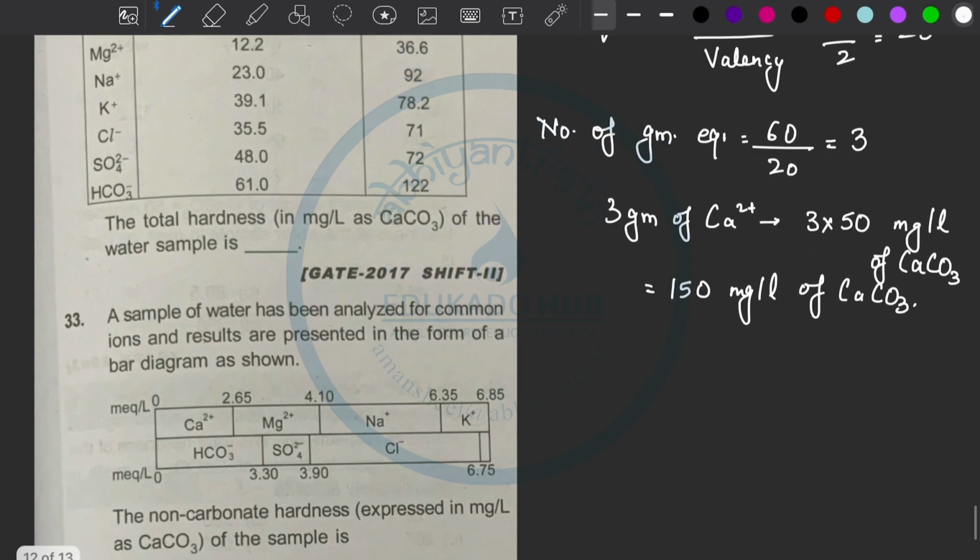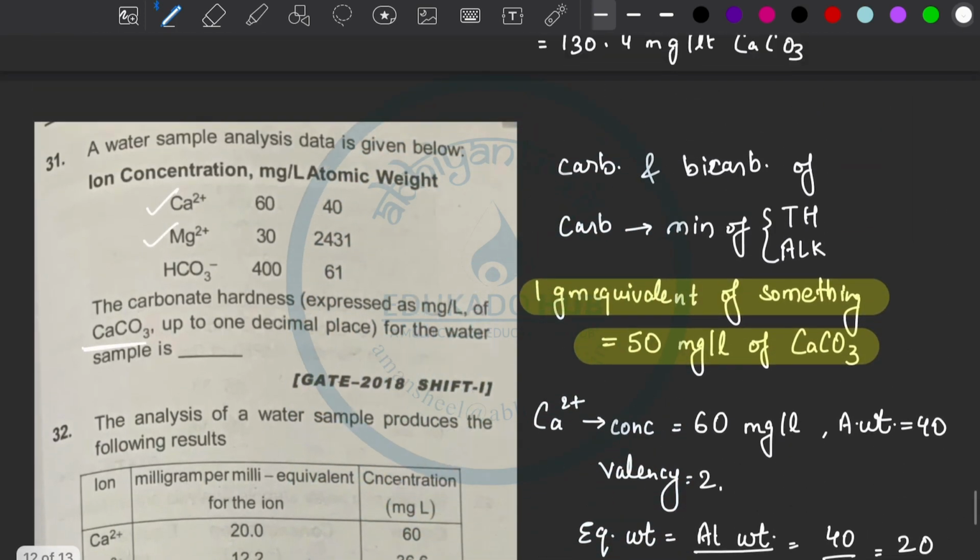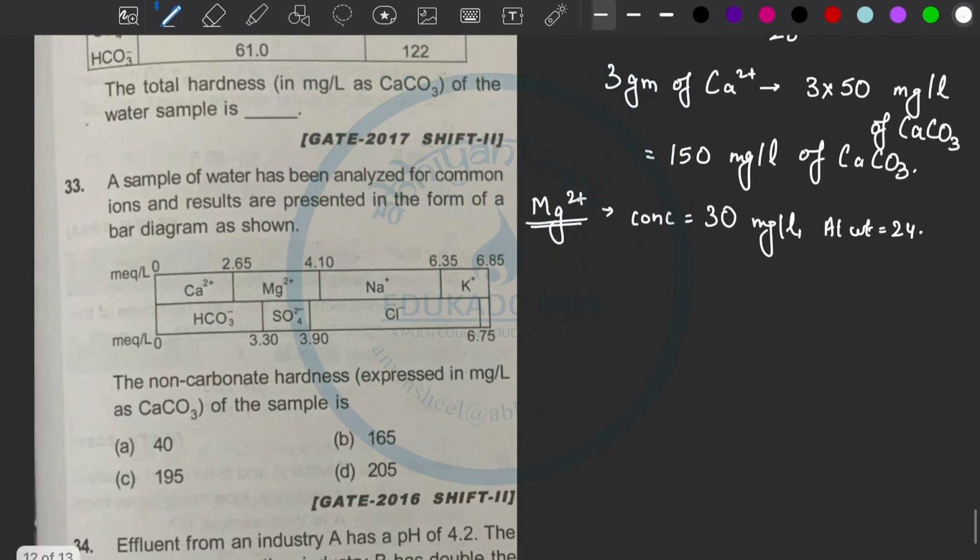Similarly, we want to calculate the gram equivalents of Mg plus ion. Its concentration is 30 milligram per liter. Atomic weight is 24.31.